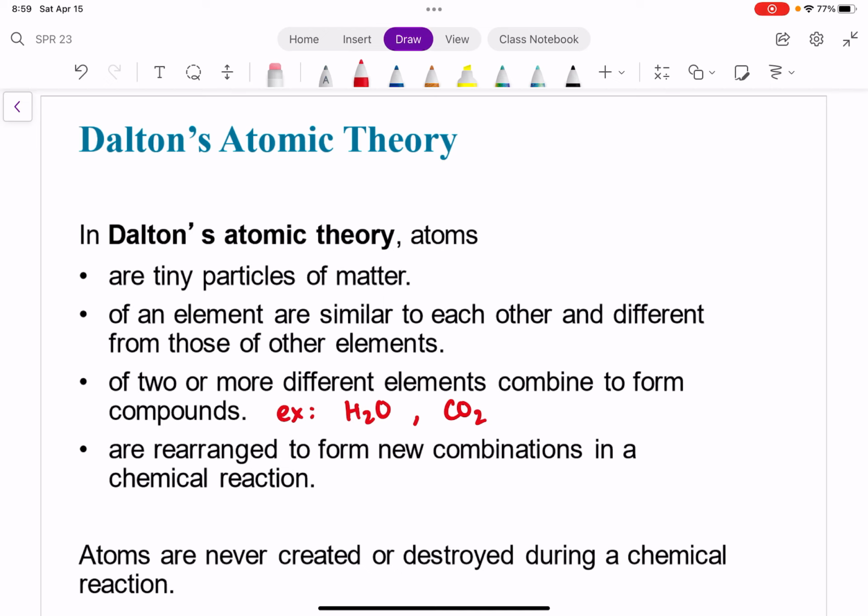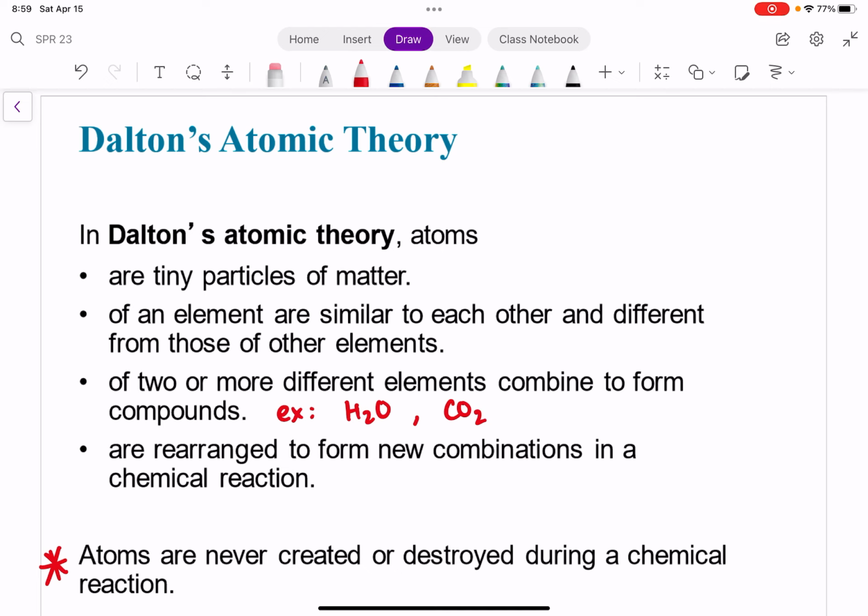And then he said that atoms are rearranged to form new combinations in a chemical reaction. So you might start with a certain compound at the beginning of your reaction, and then by the end of it, you have a different compound. But you still have the same atoms.